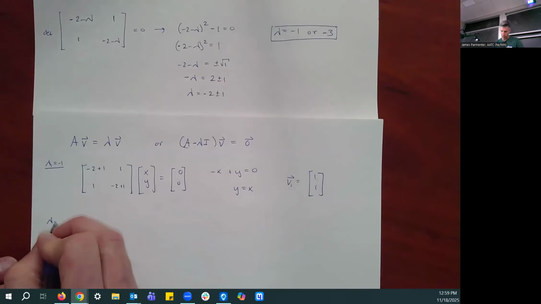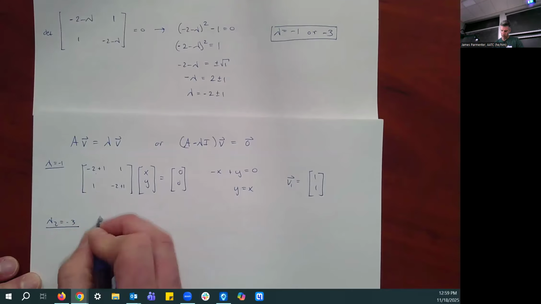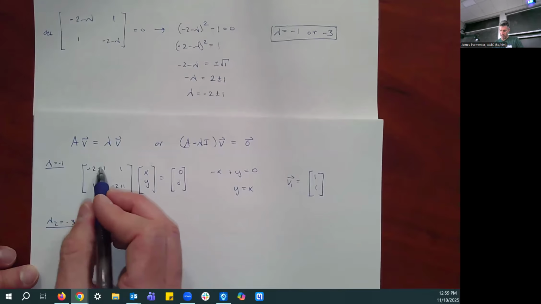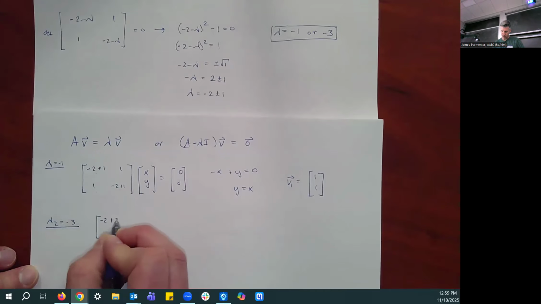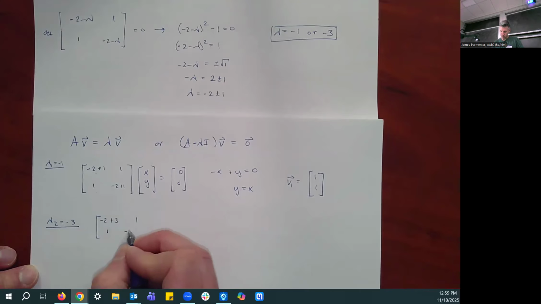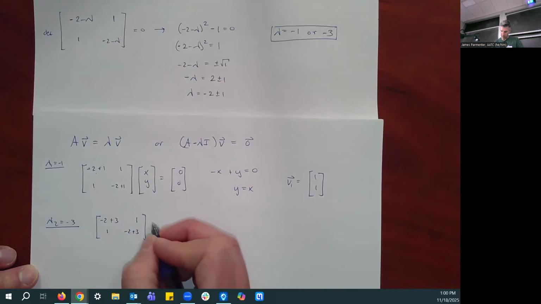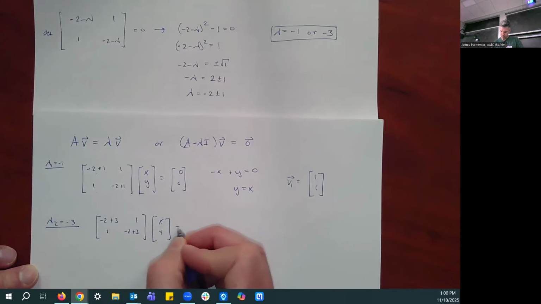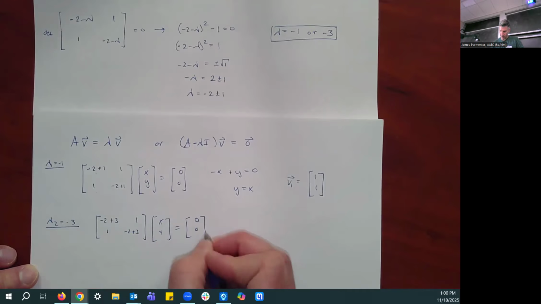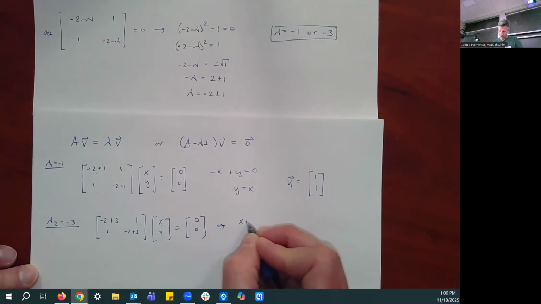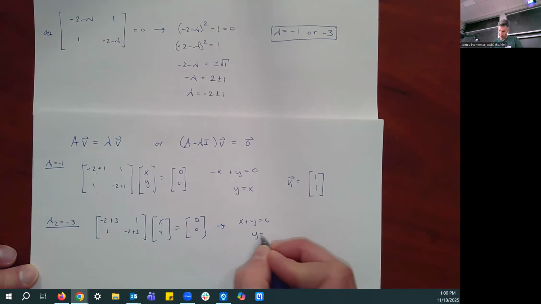Similarly, for lambda 2 equal to -3, we're going to have -2 minus -3, so -2 plus 3, 1, 1, and then -2 plus 3. So now both equations are 1x plus 1y. So we get x plus y equals 0, so y equal to -x.